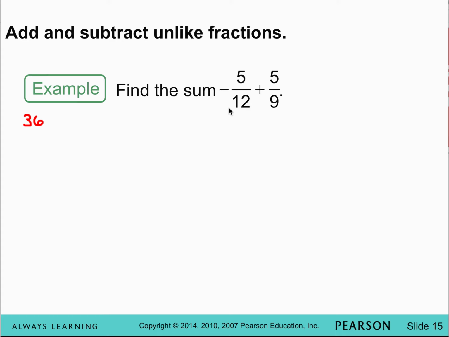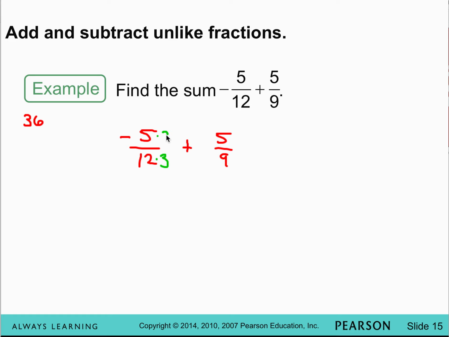Or when the numbers are small, I kind of get a shortcut. So I've got to make each one of these fractions have a denominator of 36. That means my question is, what do I multiply 12 by to make it 36? That's a 3.